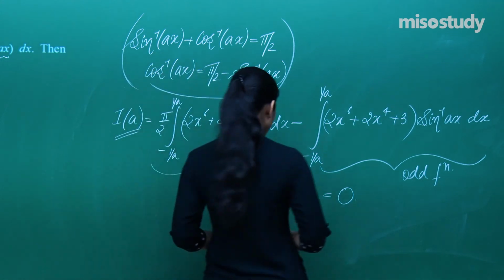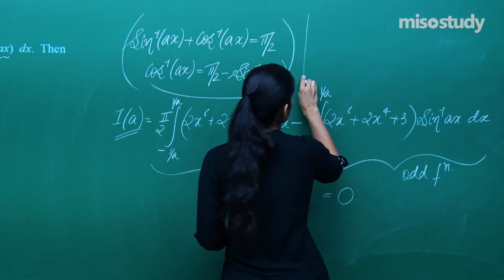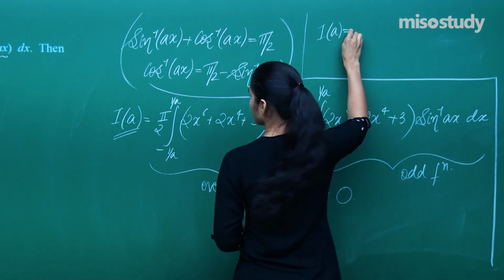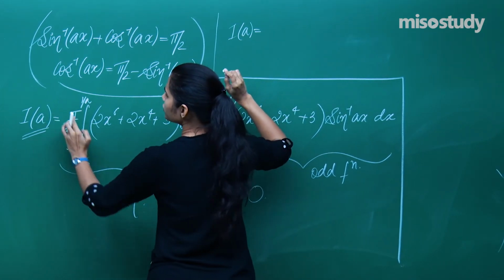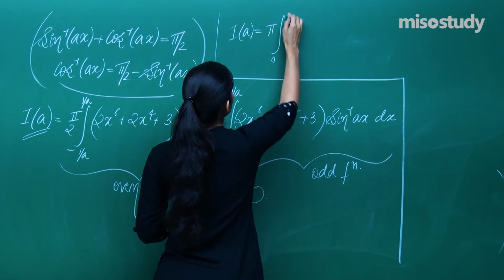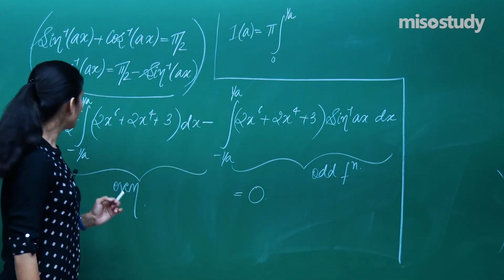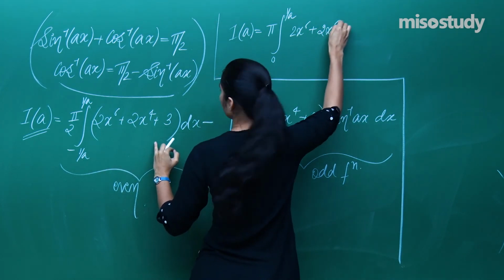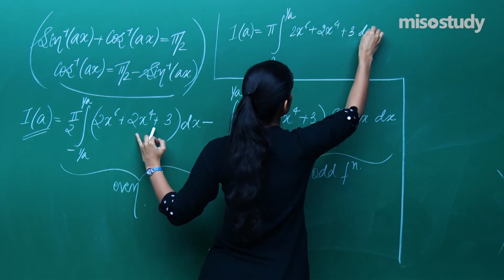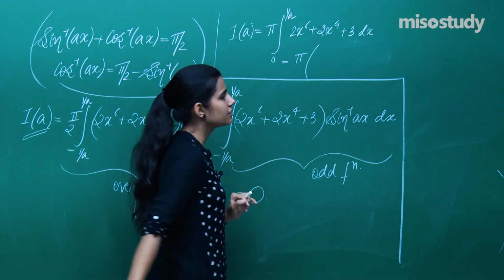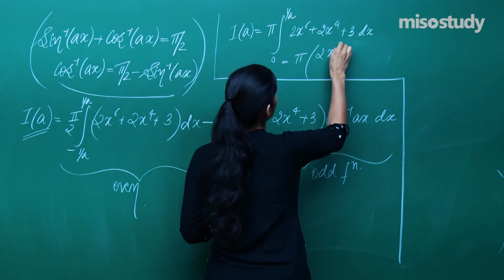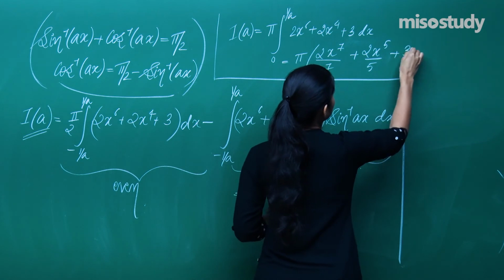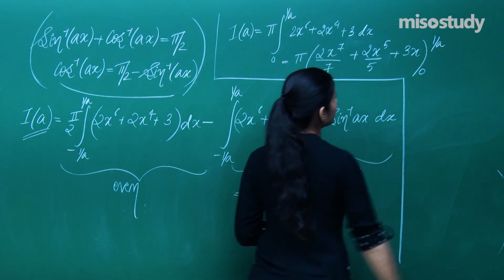So in the next step you write it down as twice of the integral from 0 to 1 by a of 2x to the power 6 plus 2x to the power 4 plus 3 dx, where the 2 gets cancelled, which eventually becomes 2x to the power 7 by 7 plus 2x to the power 5 by 5 plus 3x from 0 to 1 by a.